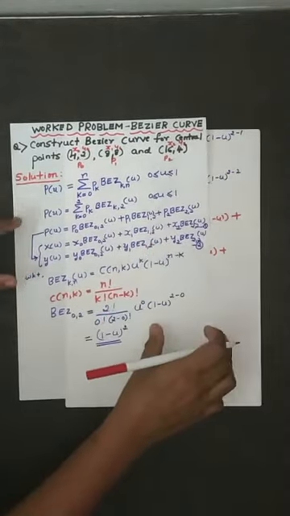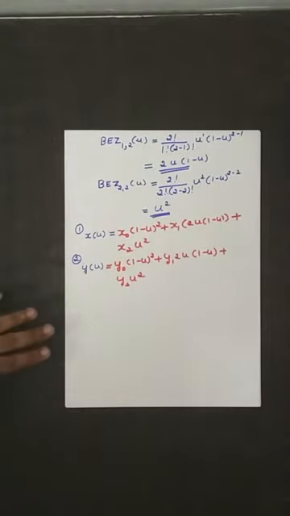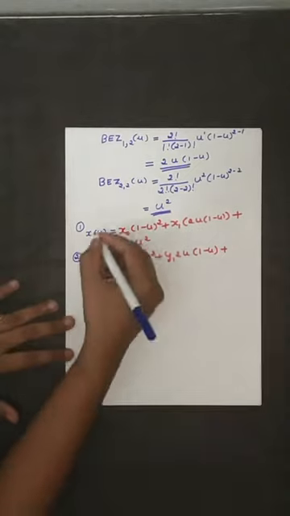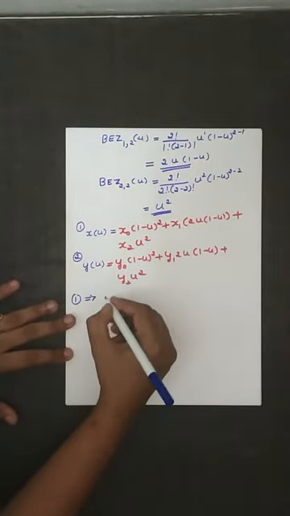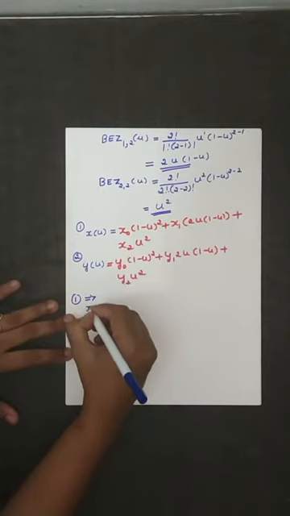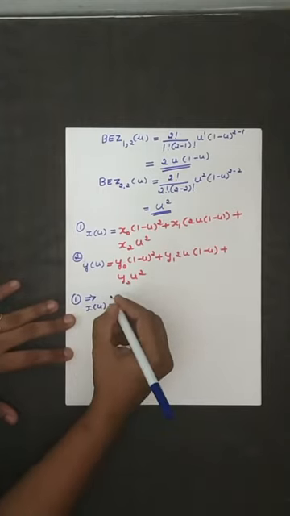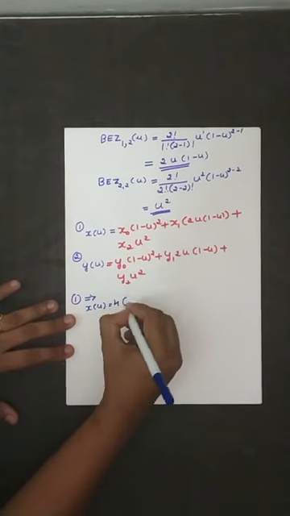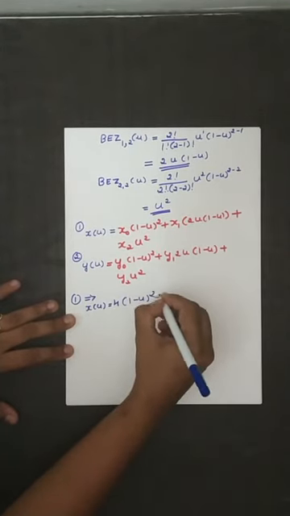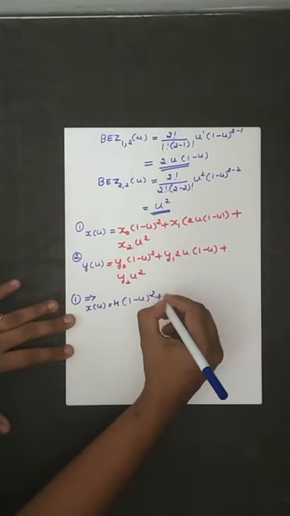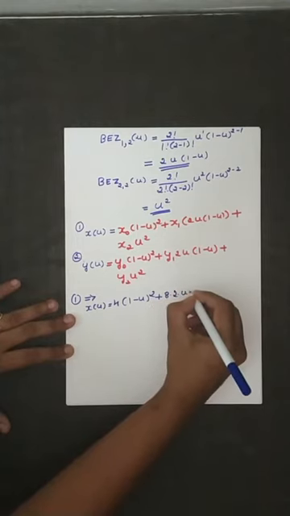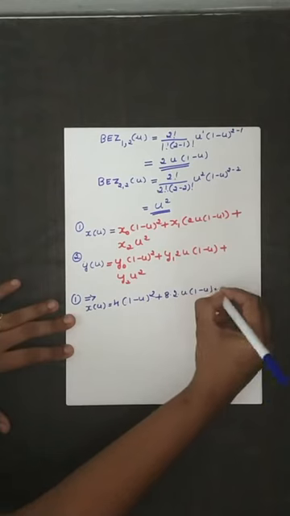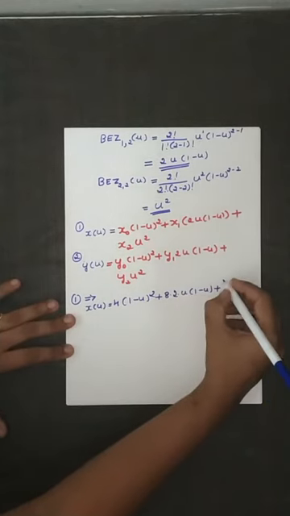Now substitute these x and y values in this equation. So x of u: x naught is 4, x1 is 8, and x2 is 16.